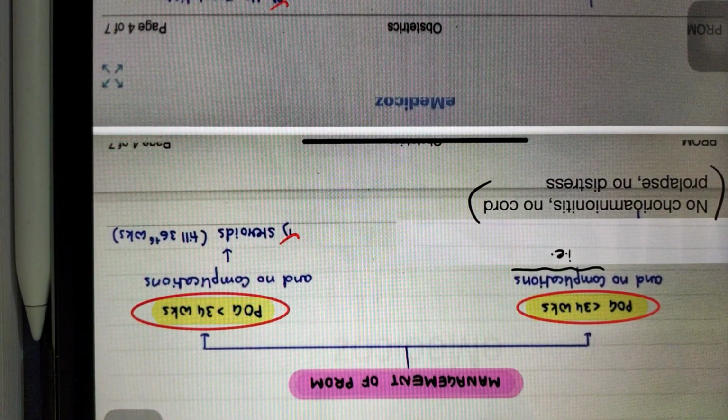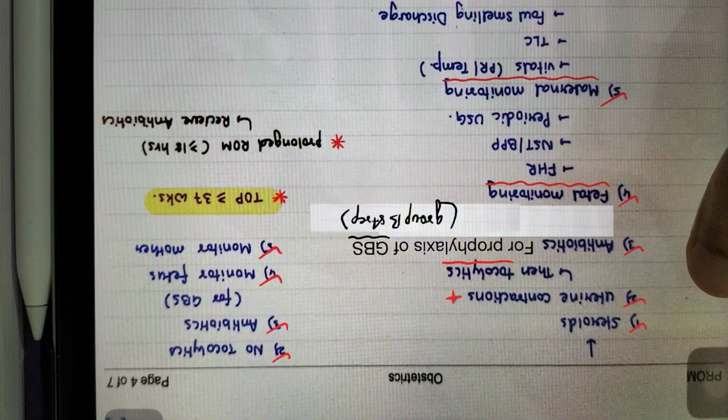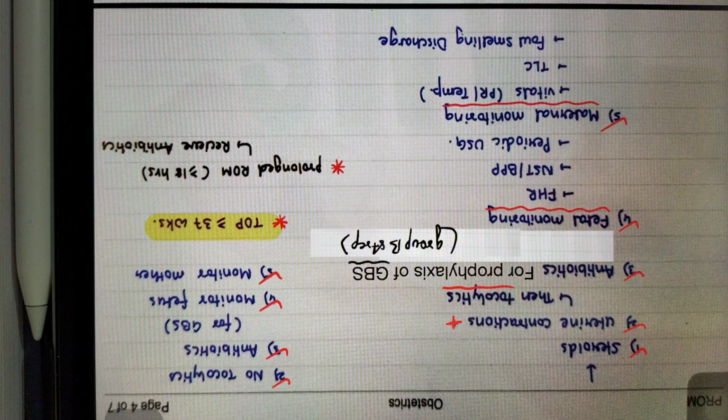It depends on the period of gestation. If the period of gestation is less than 34 weeks and there are no complications, that is, no chorioamnionitis, no cord prolapse, no distress, then we can give steroids. If uterine contractions are present, then tocolytics are given.